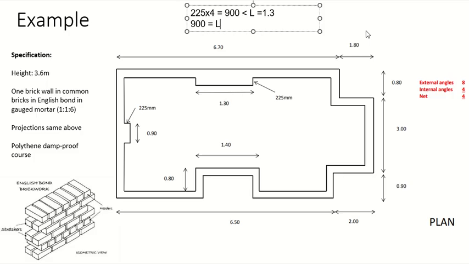It's not given here, right? Okay. Let's say the thickness is 200 millimeters. Okay, so I have 1.6 plus 6.7 plus 1.8. Let me do it over here.